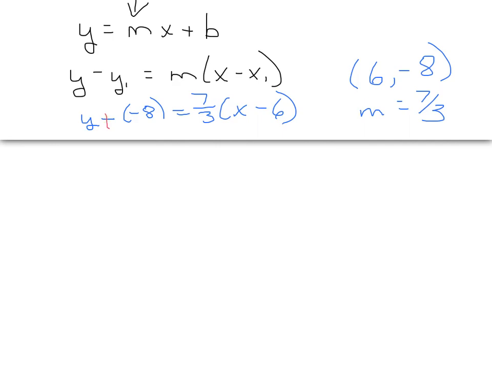Minus a negative is plus a positive, so y plus 8 equals 7/3 x minus 7/3 times 6/1. And let's look at that last term, and you see that 3 goes into both the numerator and the denominator.